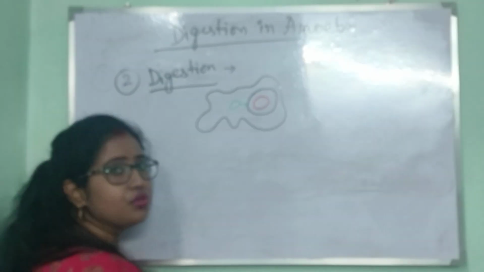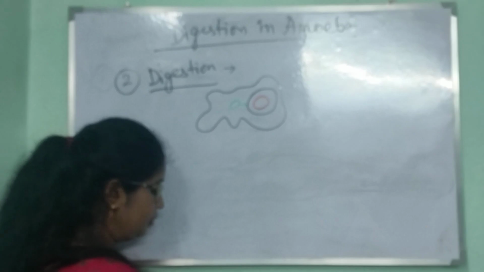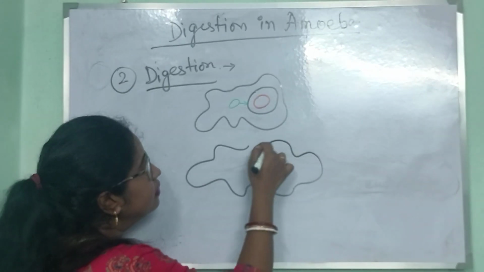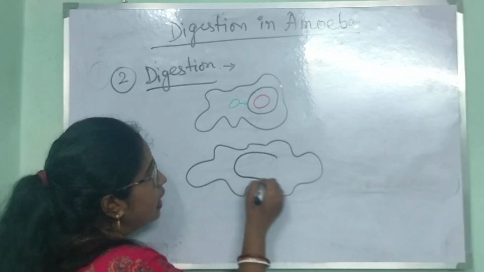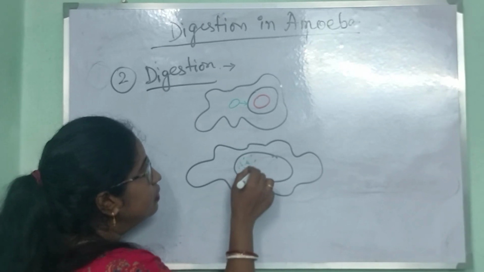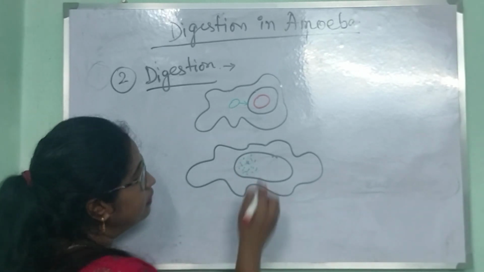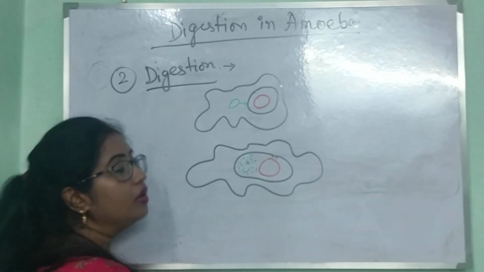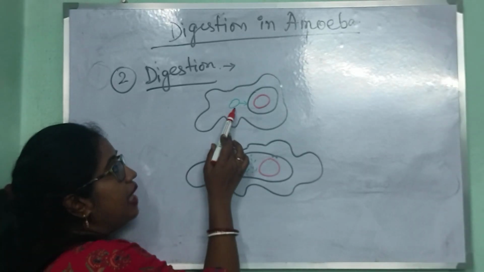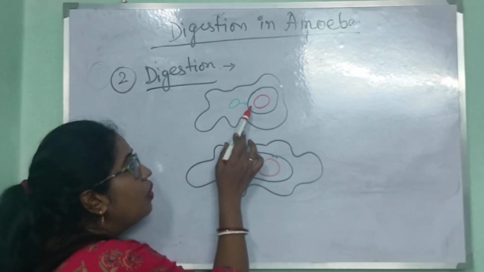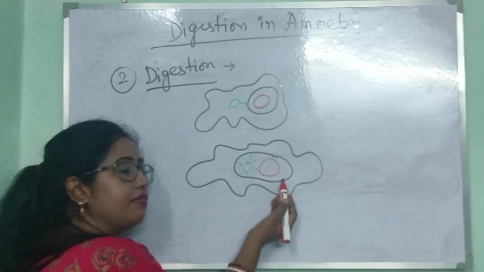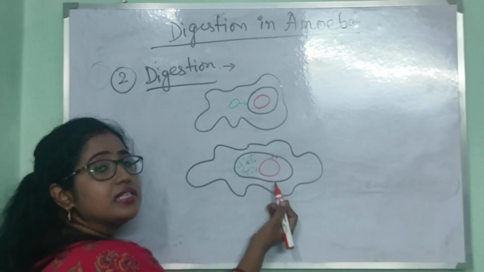When the lysosome fuses with this food vacuole, the enzymes in the lysosome are released into this vacuole. Means when the food is fully engulfed, the lysosome comes in contact with the food vacuole and fuses with it to release its digestive enzymes.